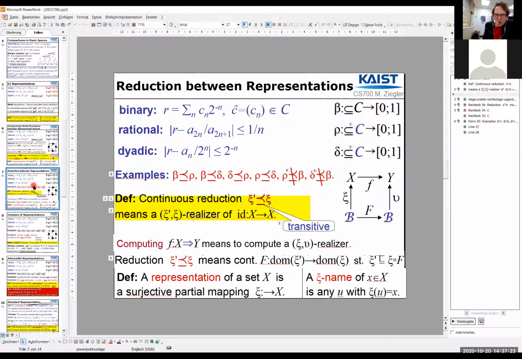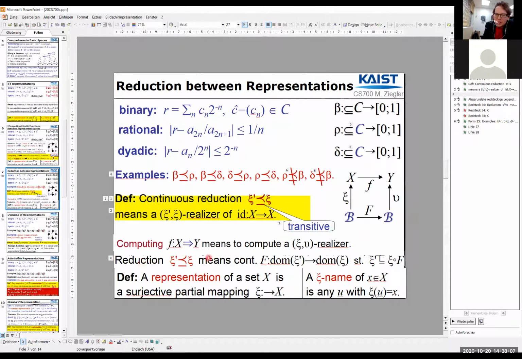And here we saw such a definition, namely a continuous reduction from one representation psi prime to another representation psi means a continuous realizer of the identity mapping from the space X to the space X, which makes sense because we're comparing two representations of the same space X. And now recall what it means to be a realizer of such a mapping in general. It means to convert psi prime names to psi names, in this case of the same element. So here this is spelled out.